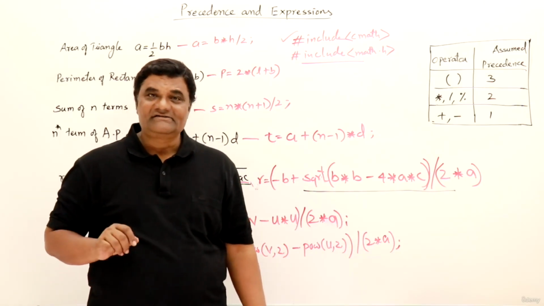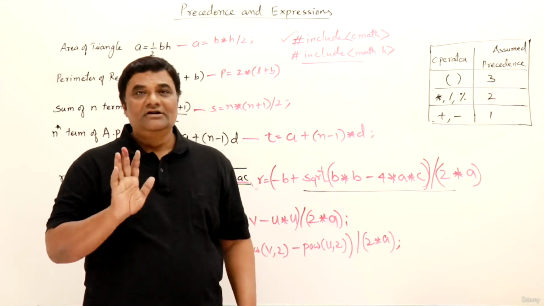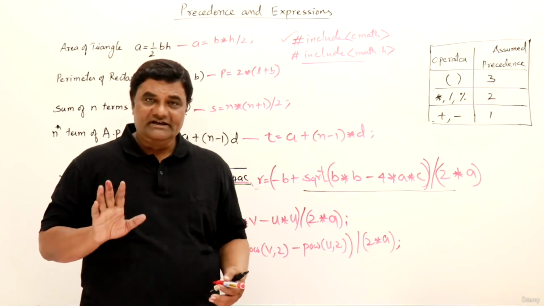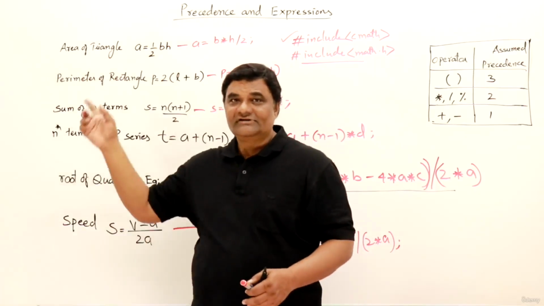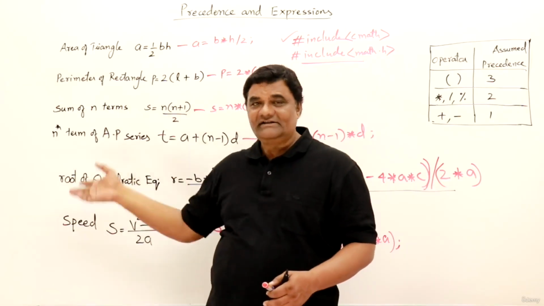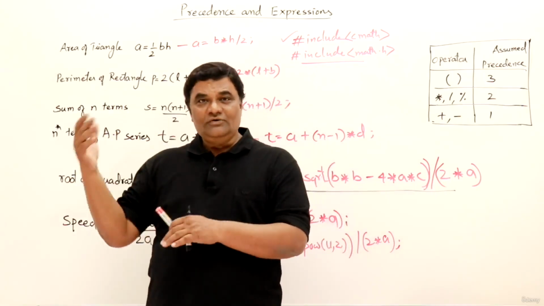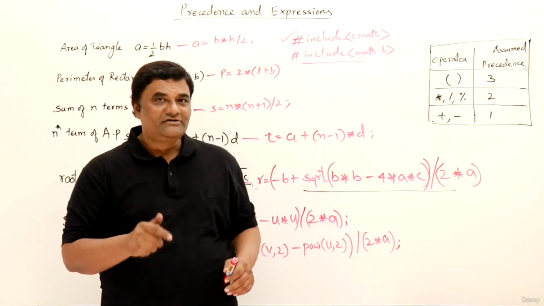Don't think that you have learned it once and now you can do it every time. Whenever you find a formula, write it in C++. Next video, we will write programs using these formulas. For each, I will write a program and show you. There we will learn how to convert these things into a complete program. So that's all in this video.